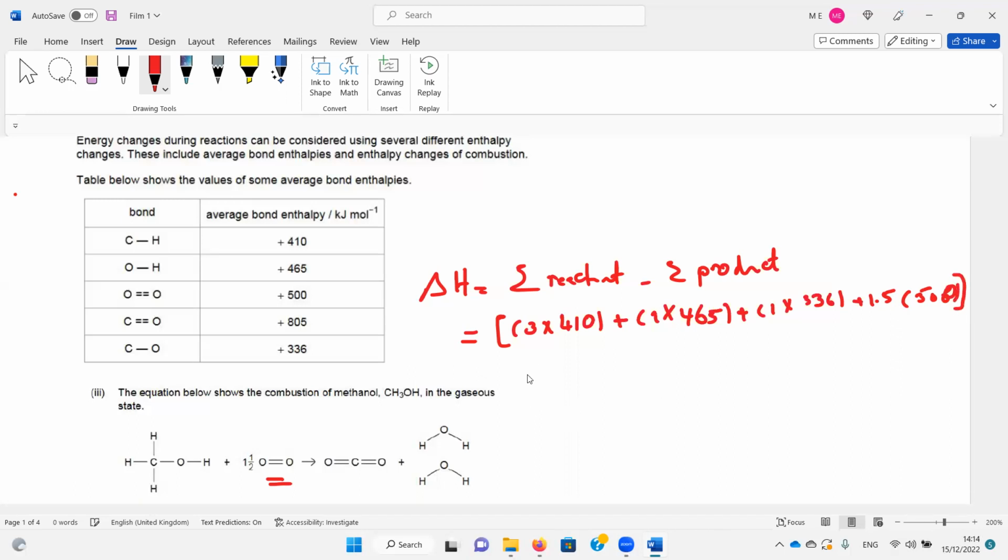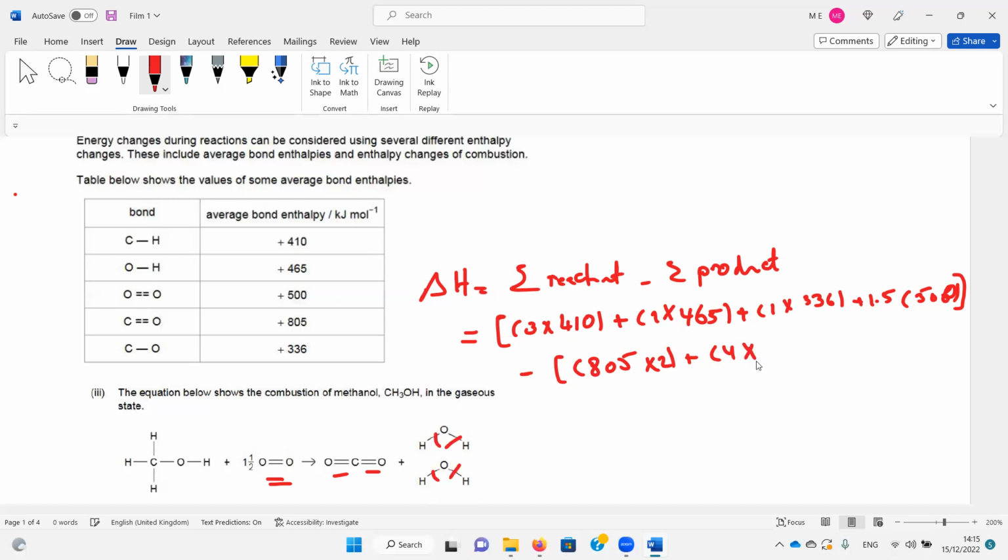Close the bracket. This is minus the products, and that is C double bond O, and you have 2 of them, so here you have 805 times 2, plus you have 4 of the OHs. You have 1, 2, 3, 4.